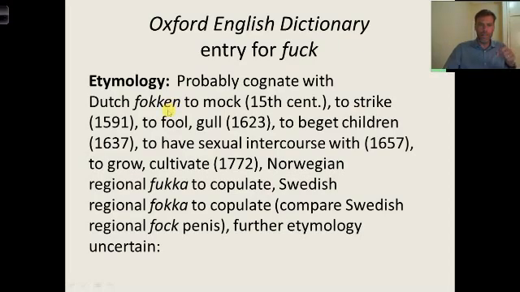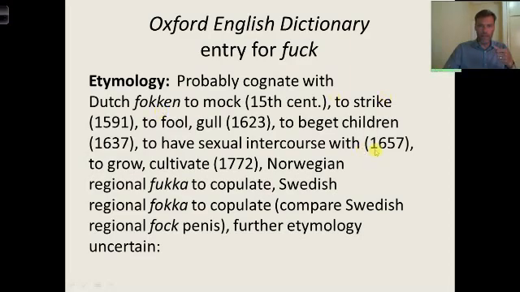So folken in Dutch and fuck in English, and in earlier English it would have been fuken. So folken in Dutch probably came from some ancestor word in a language which we call Proto-Germanic that probably predated English and Dutch. Now they're not forcing that, they're just saying that it is probably cognate with that, and you can make your own inference from that.